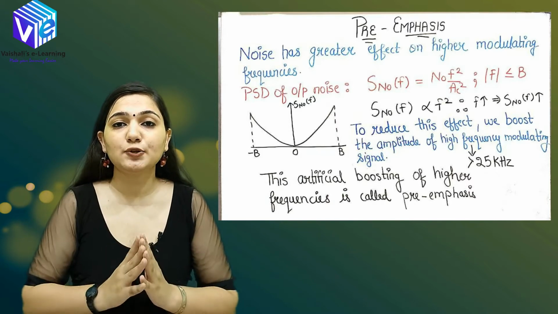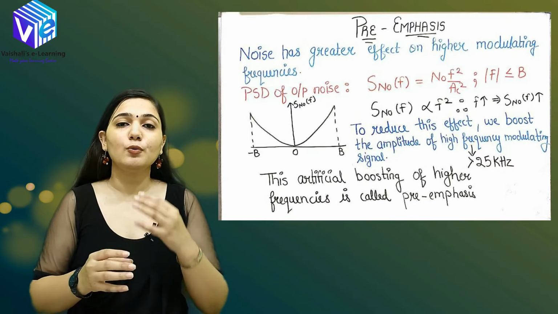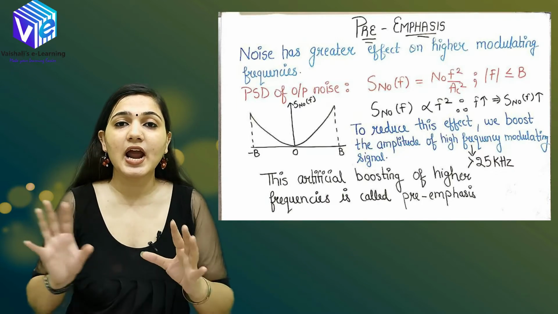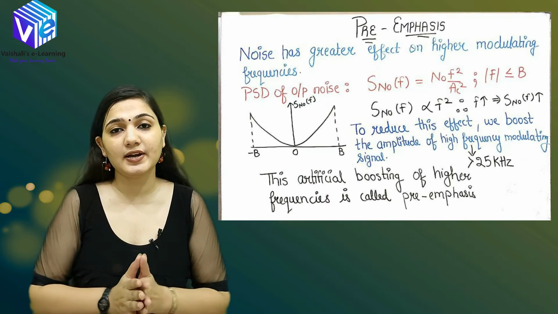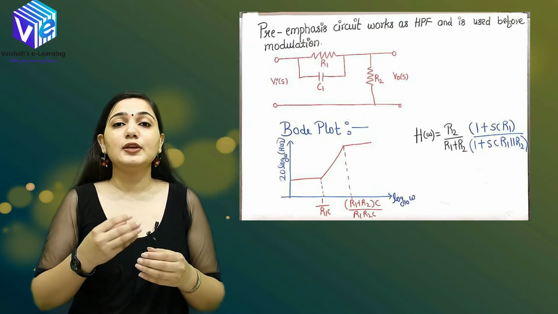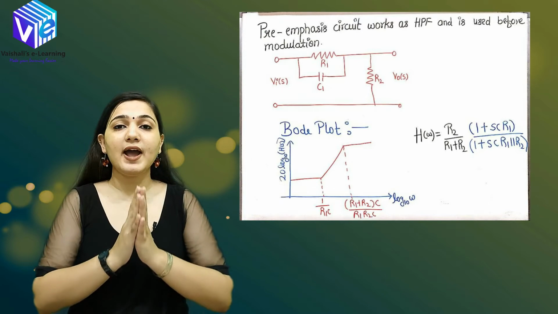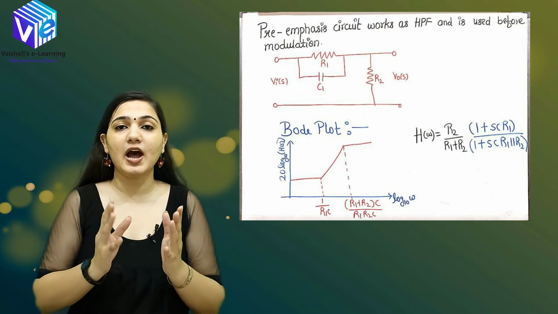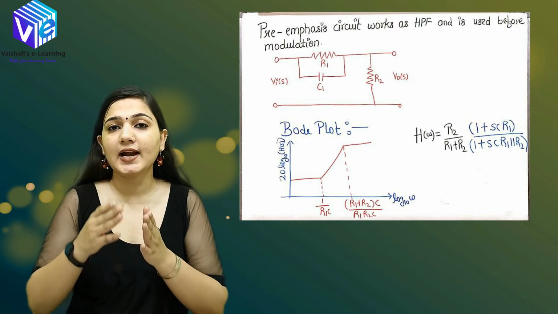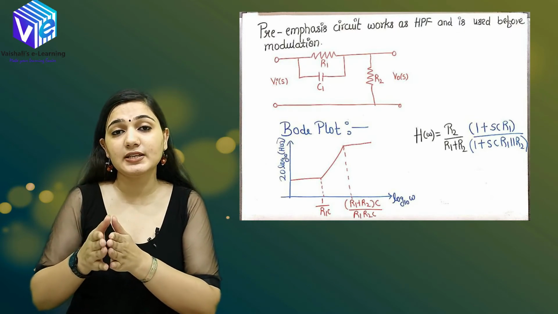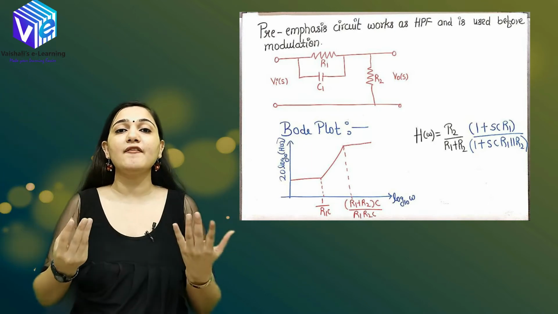So now we need to compensate this effect. To avoid this effect, what do I do? We boost the signal at higher frequencies. What can we do to boost the signal at higher frequencies? We use a circuit like the high pass filter. If you have seen the transfer function of the high pass filter, after the cutoff frequency we have higher gain, and before that we have lower gain.